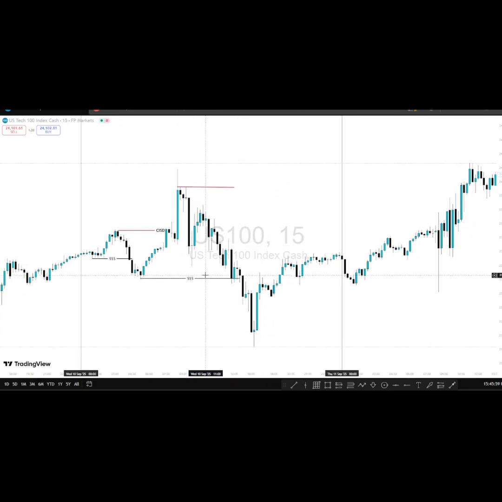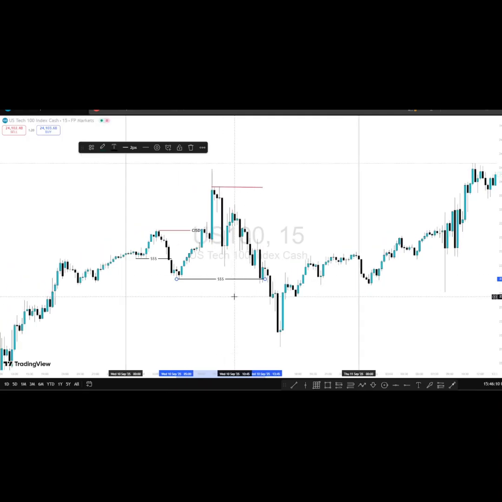After any form of sell side liquidity sweep, I will always mark the down close candle that has been responsible for the sweep. So on a 15-minute, we can say that it was not this candle, because this candle only wicked and came back higher.